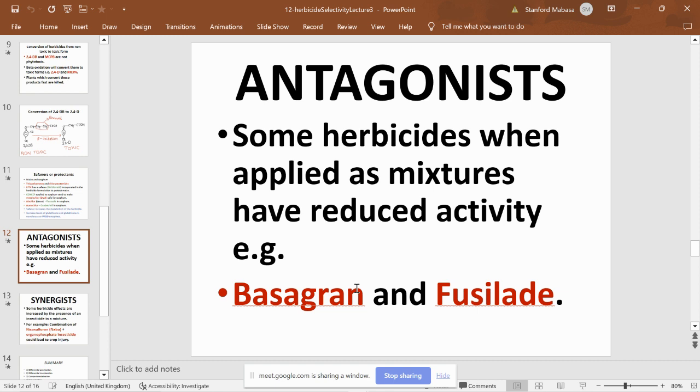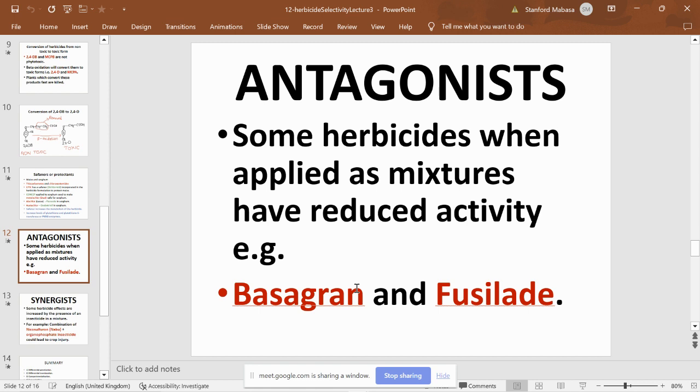Let's talk about antagonists. There are some chemicals, like Basagran and Fusilade. Both can be used in soybean. For example, we can use Basagran to control broadleaves, whereas Fusilade can be used to control grasses. It may make a lot of sense since these are all being sprayed on soybeans.